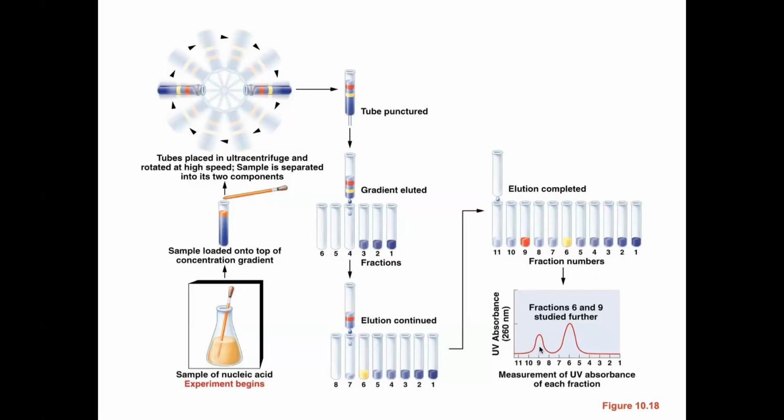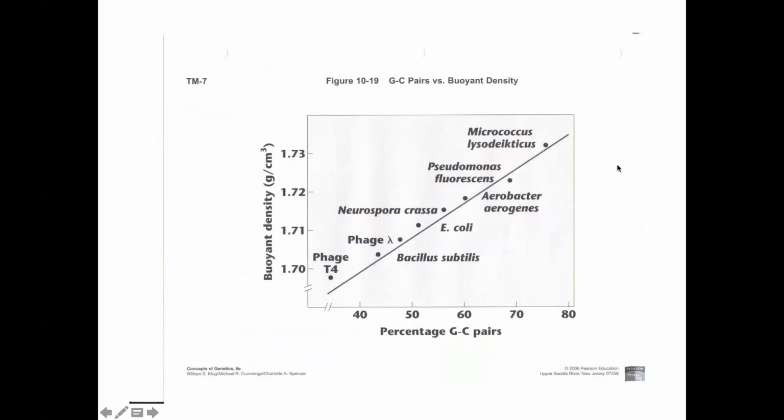Remember we've discussed previously, as part of the Watson-Crick model, that a GC base pair is held together by 3 hydrogen bonds, and an AT base pair is held together by 2 hydrogen bonds. So a GC base pair is a little bit more dense than an AT base pair because it's held together a little bit more tightly.